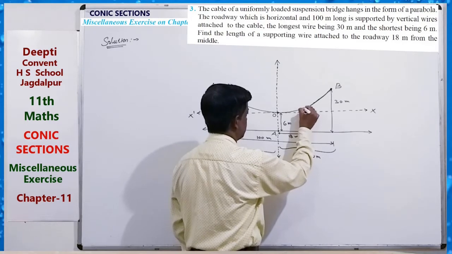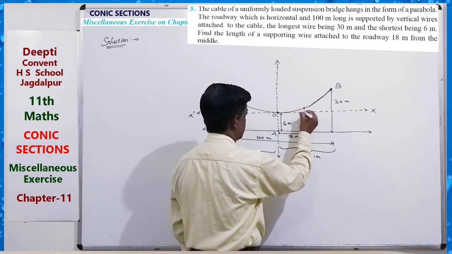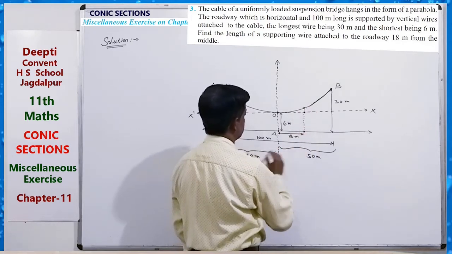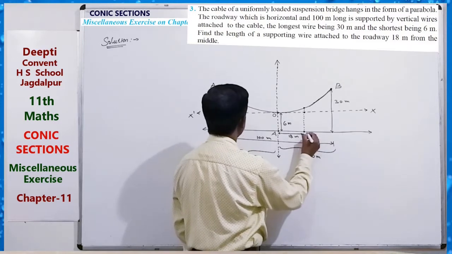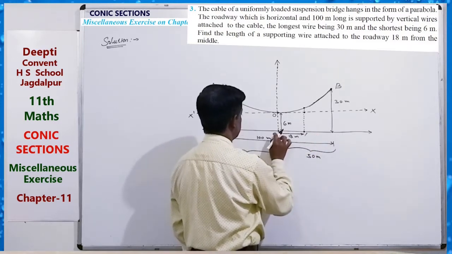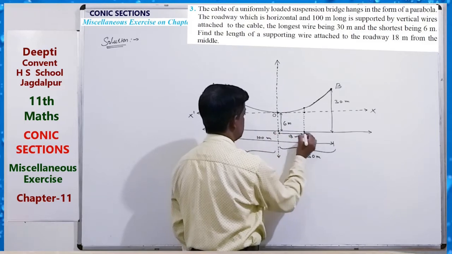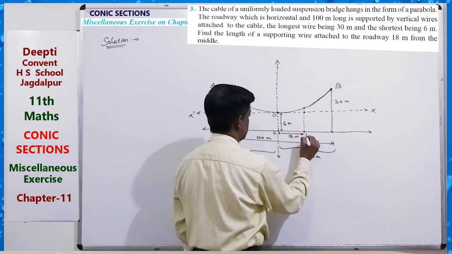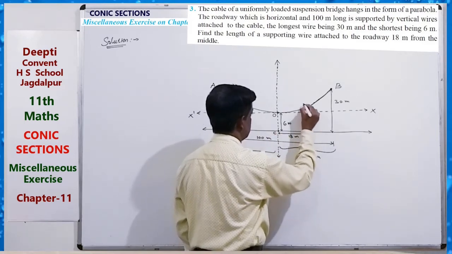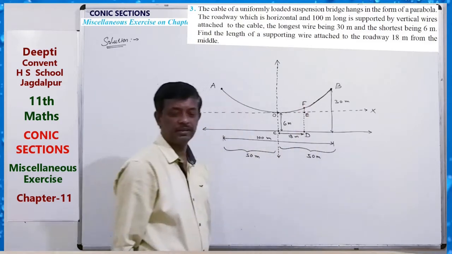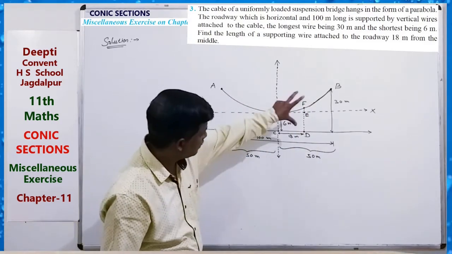Then A, B, C, D, E, F. We have to find the length FD.